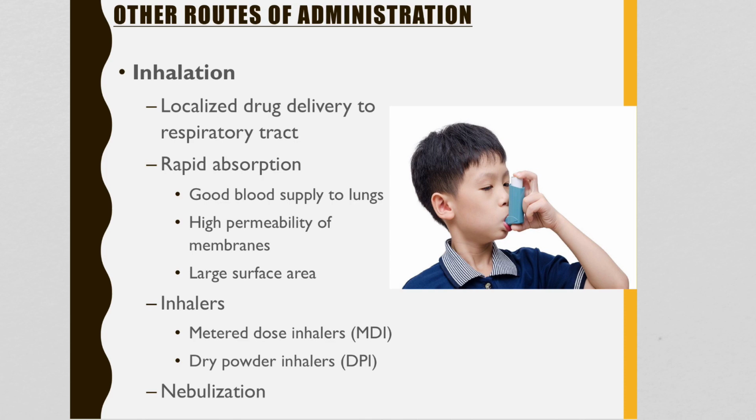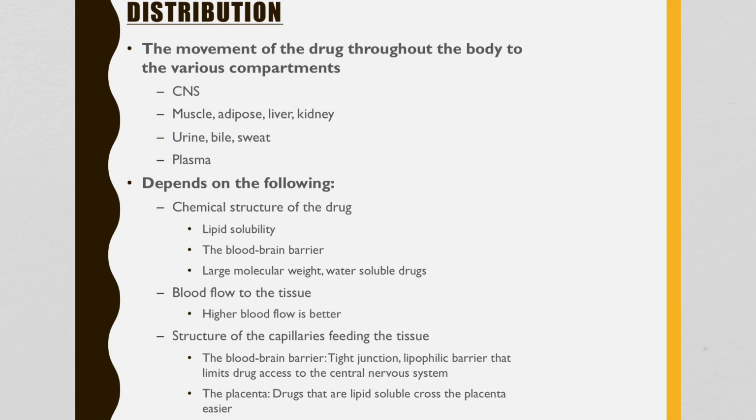The beautiful thing about the respiratory tract, again kind of like sublingual, subbuccal, is that there are so many receptors in the pleural cavity that you get rapid absorption of the drug, right? It's direct, with a great supply to the lung, as long as the patient is able to inhale deeply enough to bring in enough of the drug to be absorbed, right? So we'll talk about these specifically when we get to these specific drug components in the actual class itself.